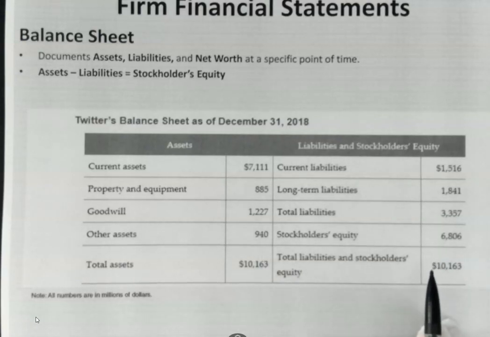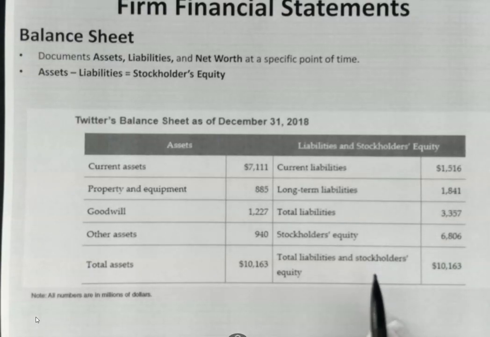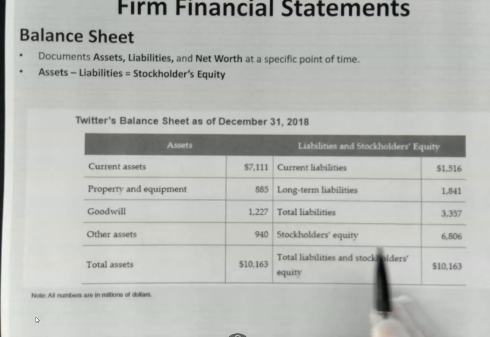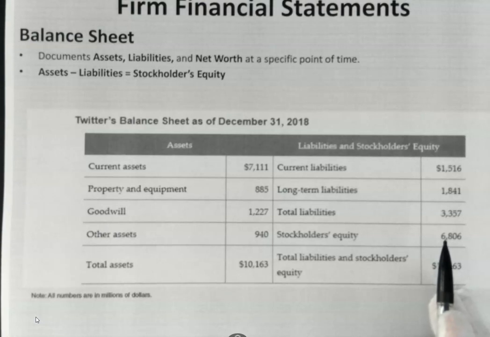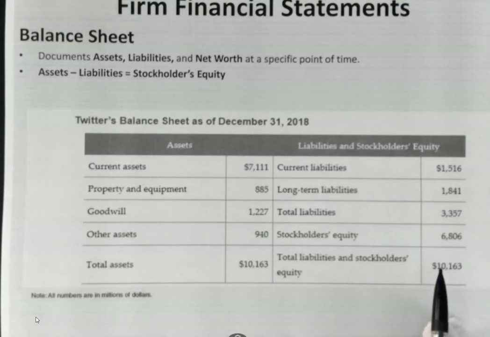And therefore, if you add up the liabilities with the stockholder equity, you get 10 billion. This is the great equalizer. This ensures that whatever assets are owned above and beyond the liabilities that are owed belongs to the shareholders, the stockholders. So we call this a balance sheet because it perfectly balances out in the end.